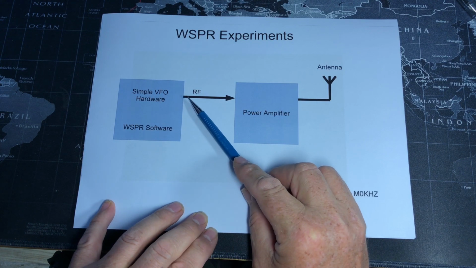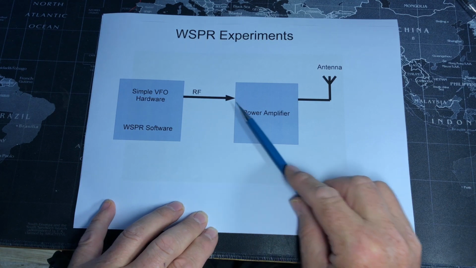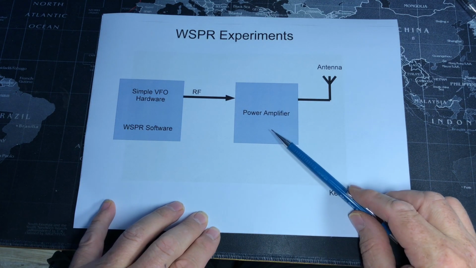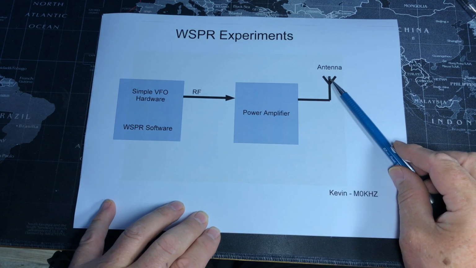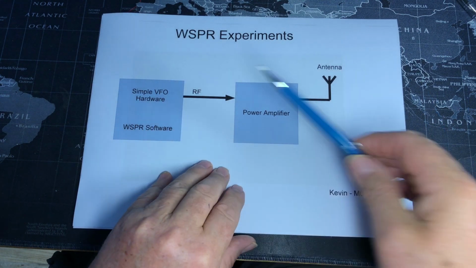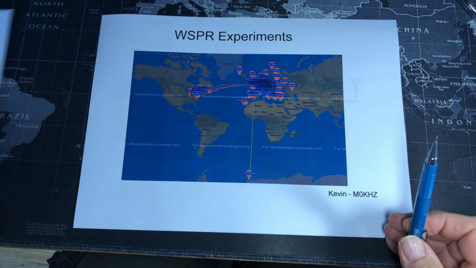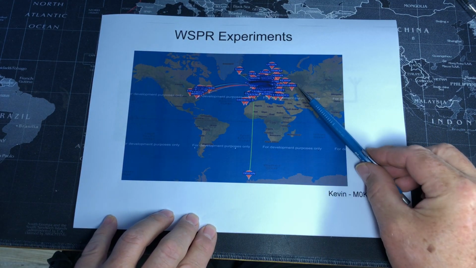I can use the RF output from the SI5351 feeding into a small Class D power amplifier and out to the antenna. Now, running 2 to 3 watts into my antenna from this system, I'm able to get out a pretty long way.